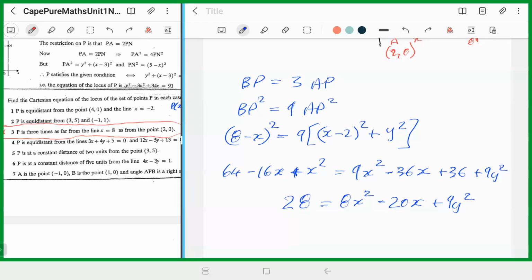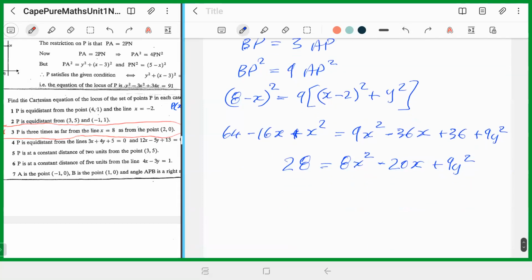Can rearrange it and write it as 8x squared plus 9y squared minus this 20x equals 28. Can write it like that.